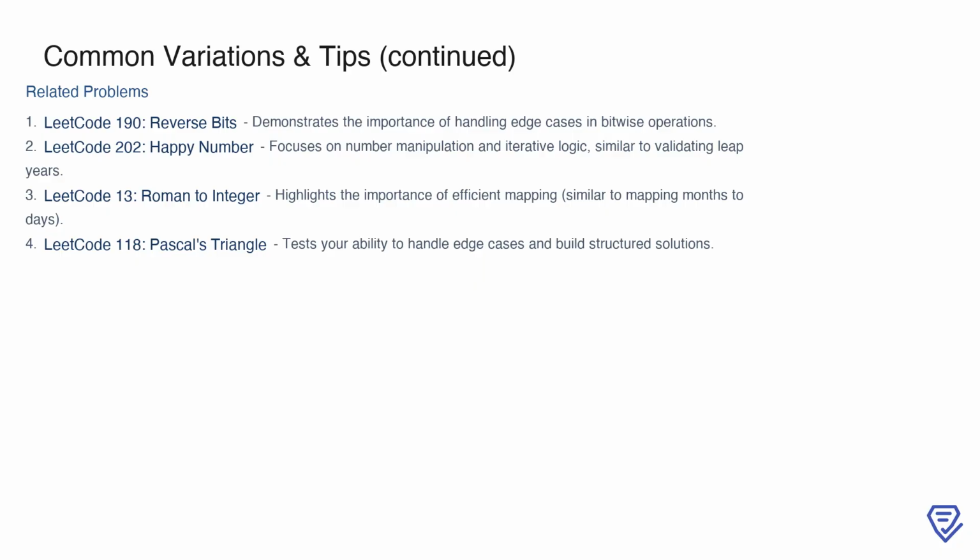LeetCode 13, Roman to Integer, highlights the importance of efficient mappings, much like how you map months to their respective days. Lastly, LeetCode 118, Pascal's Triangle, tests your ability to handle edge cases and construct structured solutions, which is directly applicable to ensuring your implementation is both robust and well organized.